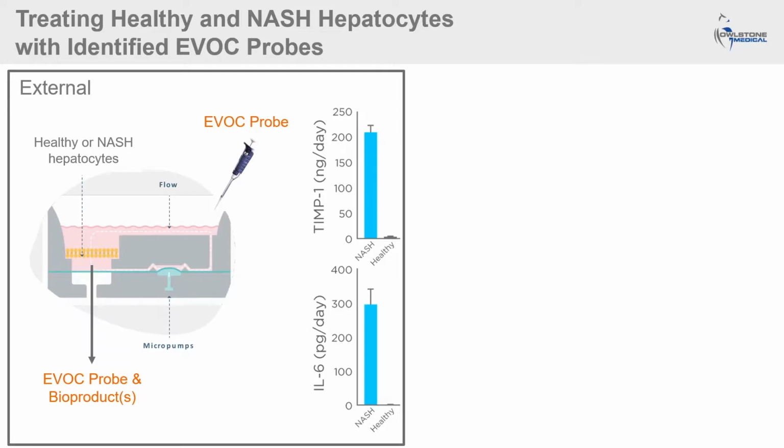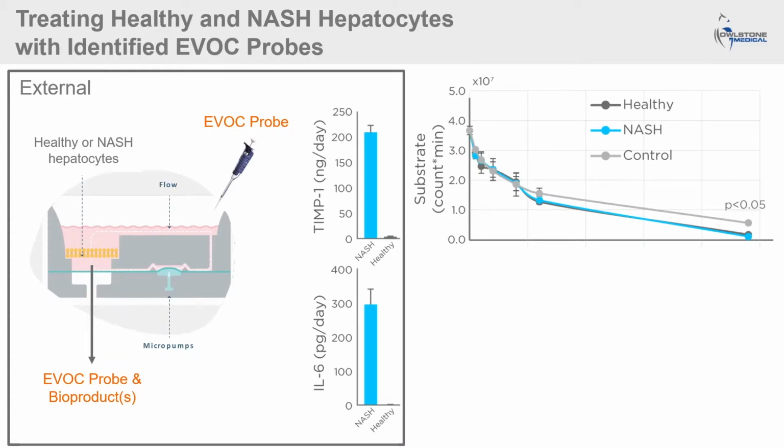We can see here levels of TIMP1 and interleukin-6 in the supernatants as a readout of the establishment of the NASH phenotype, because TIMP1 is a marker of fibrosis and interleukin-6 is a marker of inflammation.